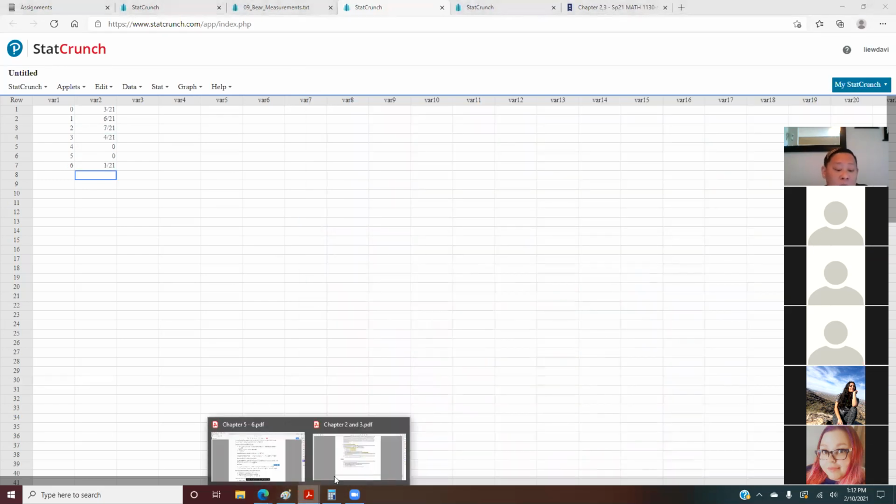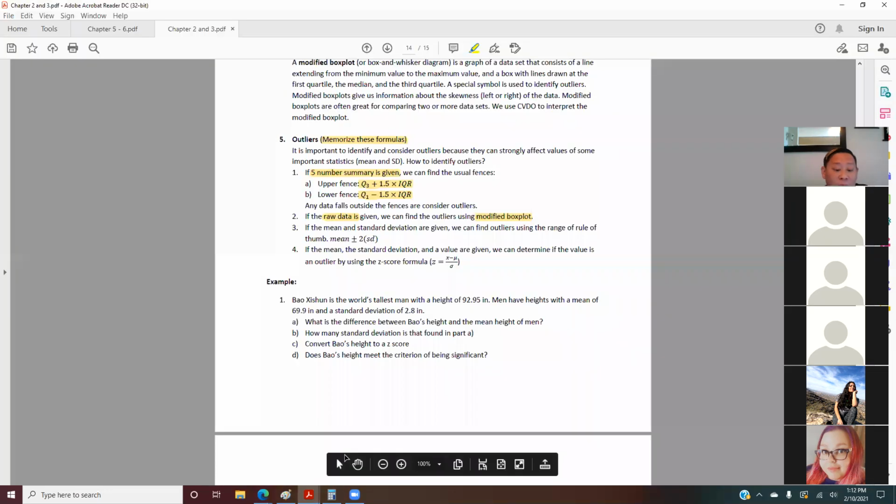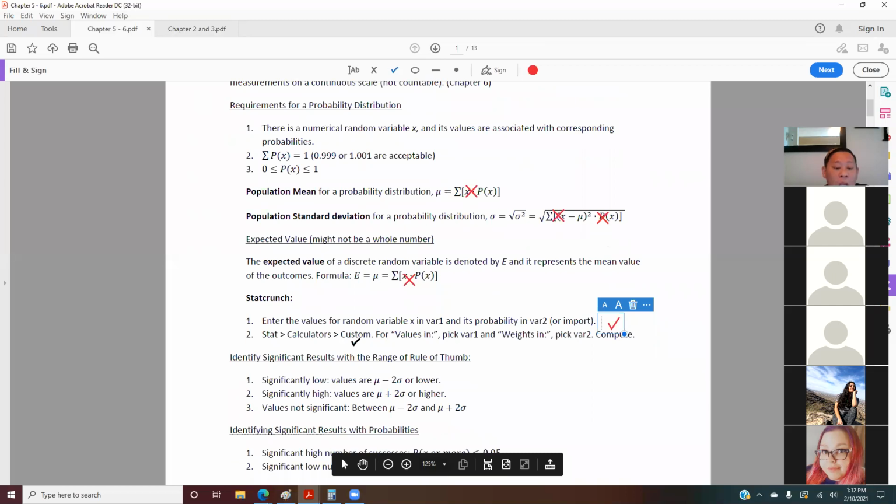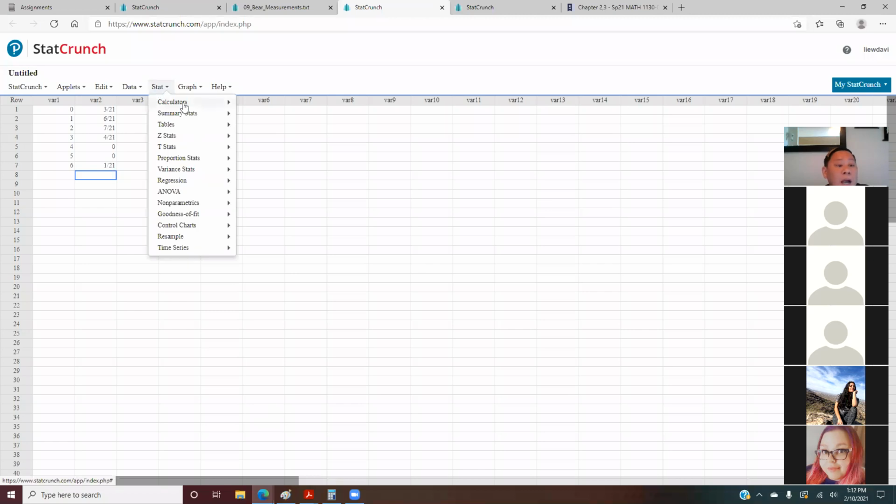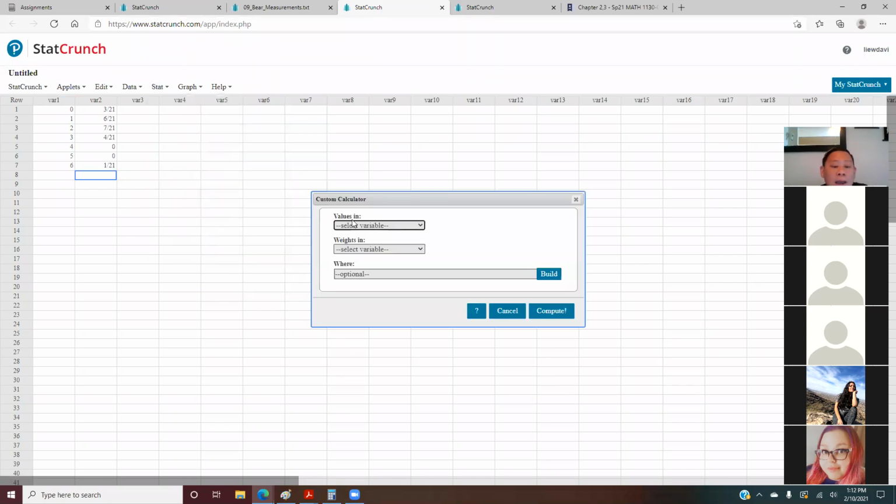And then what you need to do next is, once you finish this, you have to go to stat, calculator, custom. Okay. Stat calculator custom. And then for the values in, you select var1, which is the 0 to 6.